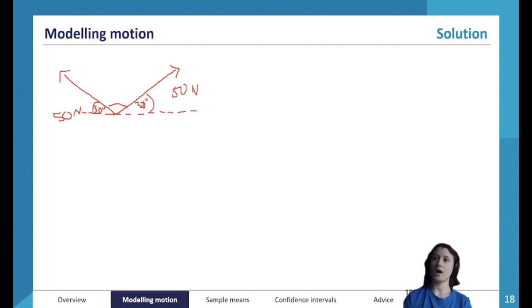We have the sign hanging up. It's not moving. So this tells us that the forces are balanced, right? We know these two cords are holding the picture up. So what that tells us is that the force holding the picture up is equal to the force pulling it down. Alright, because nothing is moving.